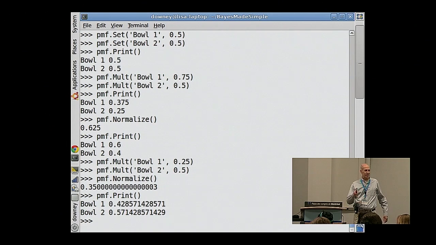So now, having seen 2 cookies from this bowl, and having seen 1 vanilla and 1 chocolate, we've actually changed our mind, and now believe that it is more likely to be bowl 2. Okay? And you could keep doing this. As each new cookie comes out of the bowl, you could update your belief, and after you've drawn a large number of cookies, you'd probably be pretty confident about which bowl it was.